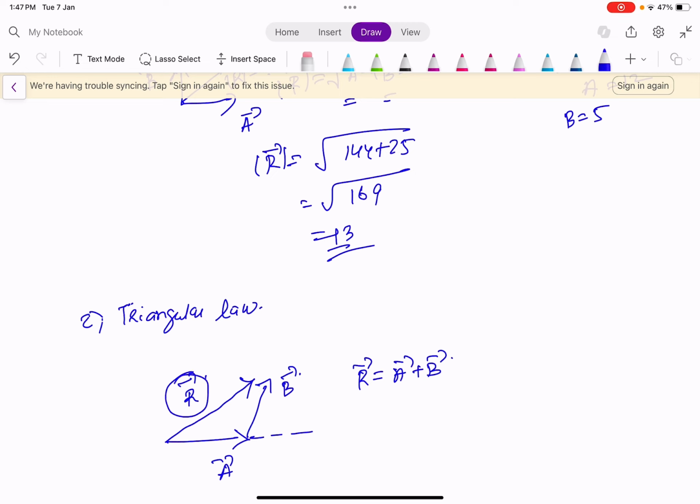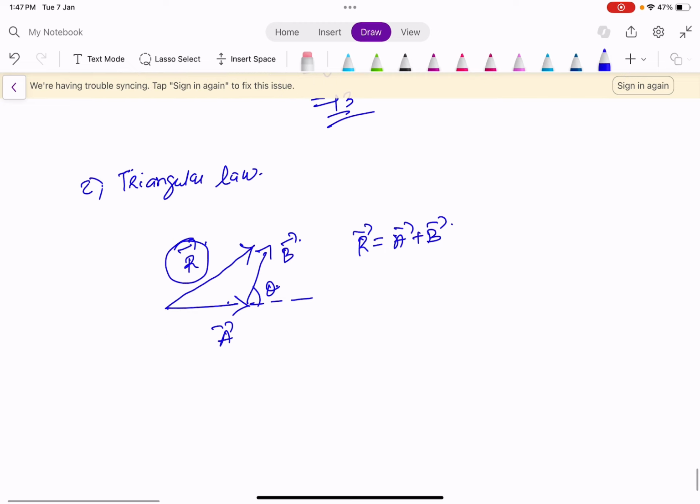And this will be the angle between the two vectors, not this. Okay, that we should remember. This is the same as the parallelogram. We can derive the parallelogram law from this, because if we extend A, since A is parallel, it will be the same vector.